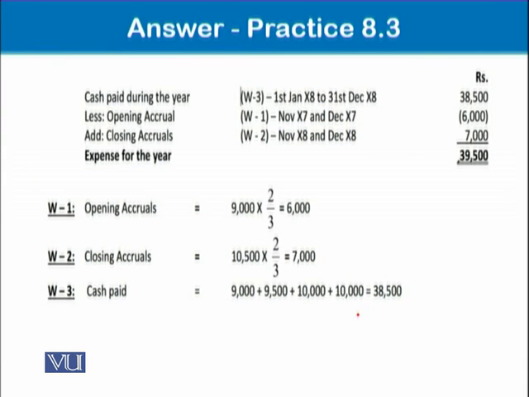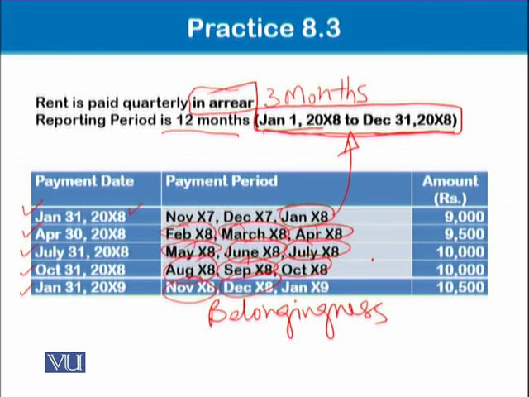Well, let's see. The cash paid during the year is 9,000, 9,500, 10,000 and 10,000. Total comes to 38,500. Remember that as to payment, we made payment during the year. This will tell us how much cash we paid during 2008.